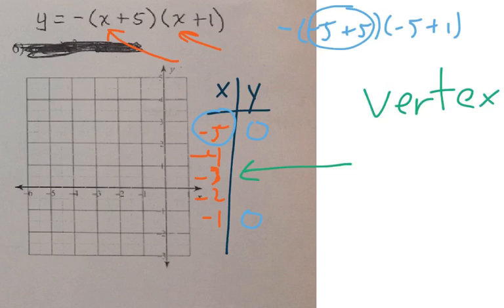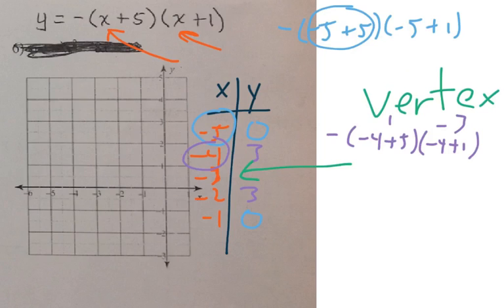Okay, let's do negative 4 next in purple. Negative of negative 4 plus 5, negative 4 plus 1. So 5 minus 4 is 1, negative 4 plus 1 is negative 3. I'm going to get negative 1 times negative 3, which is 3. Now at the same time, guys, negative 2 is going to be 3.